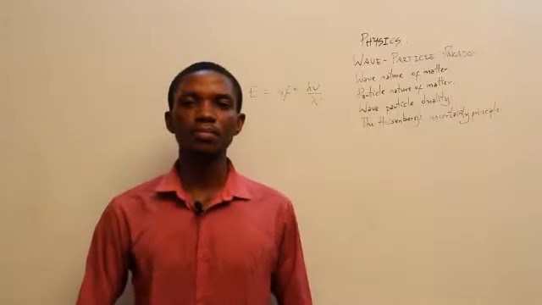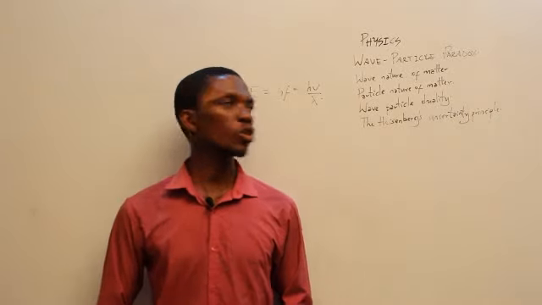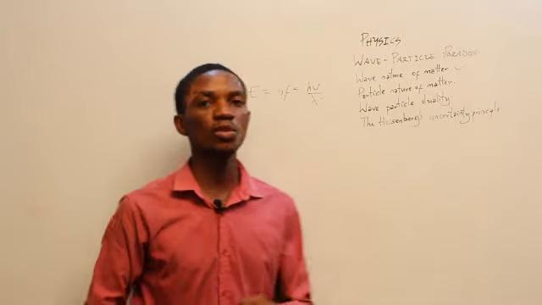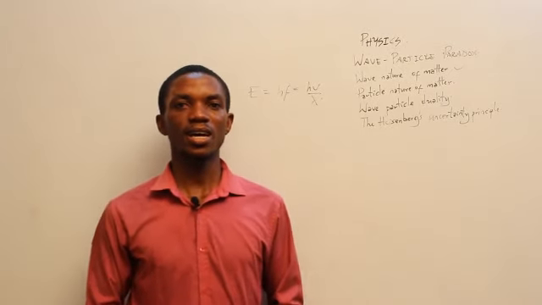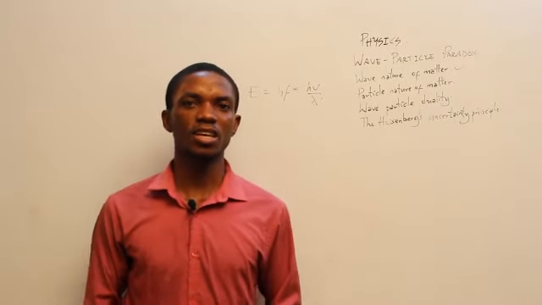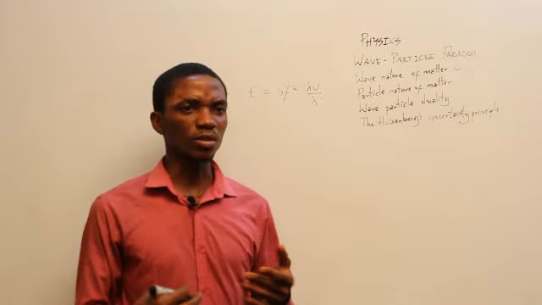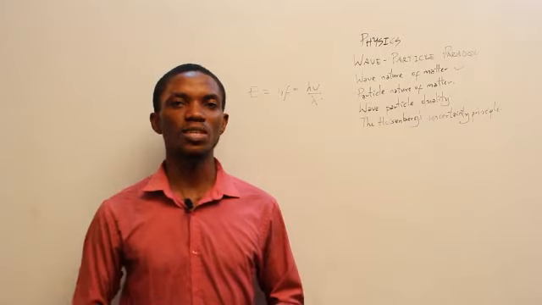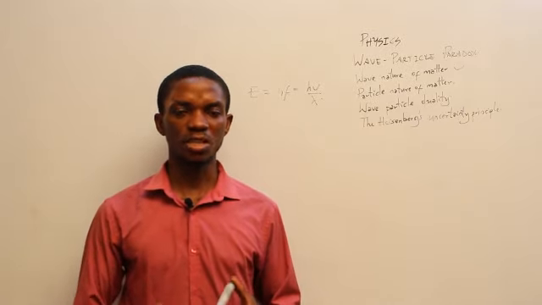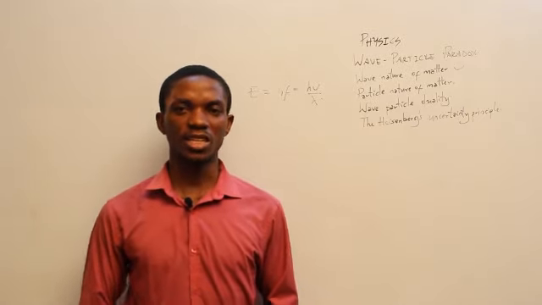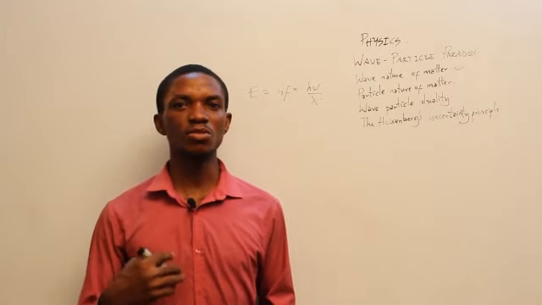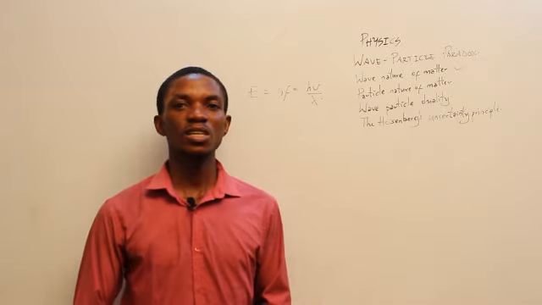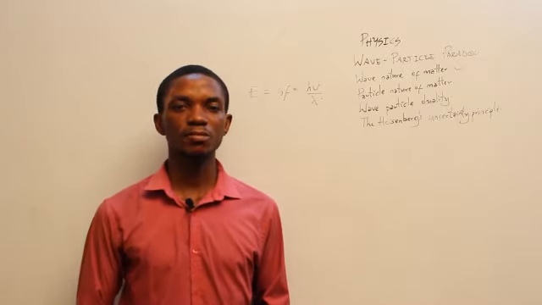Welcome back. So we've considered the wave nature of matter, using light as an example. We spoke about how it can do everything that waves are expected to do: it can be transmitted, reflected, diffracted, resonated, and even interfered.